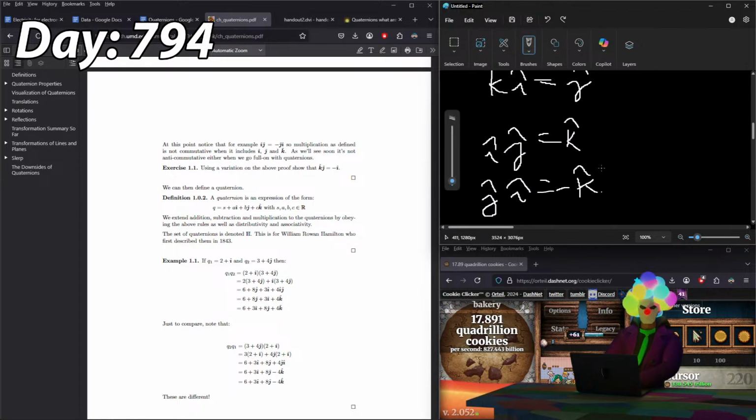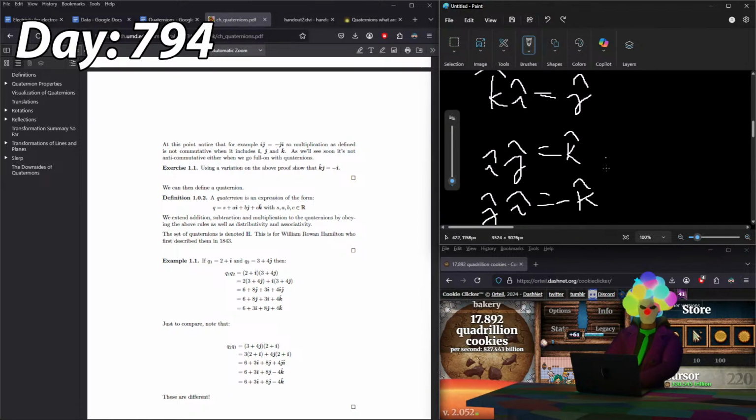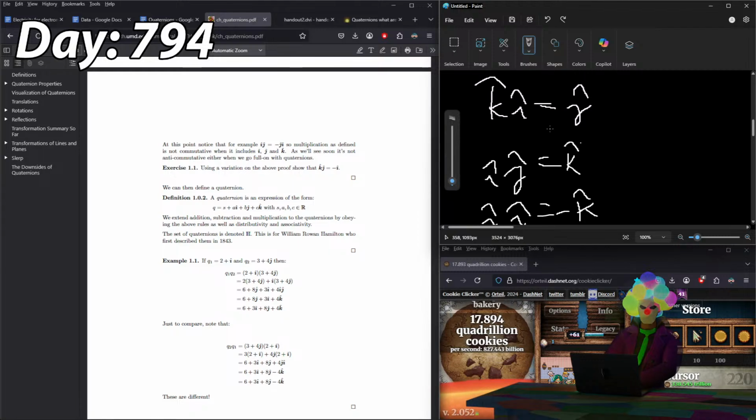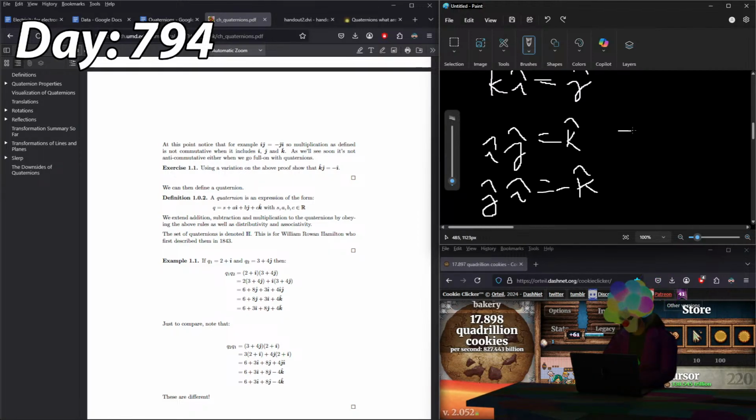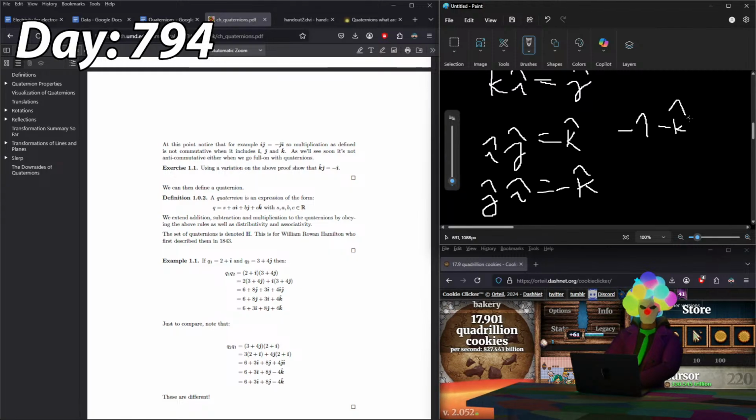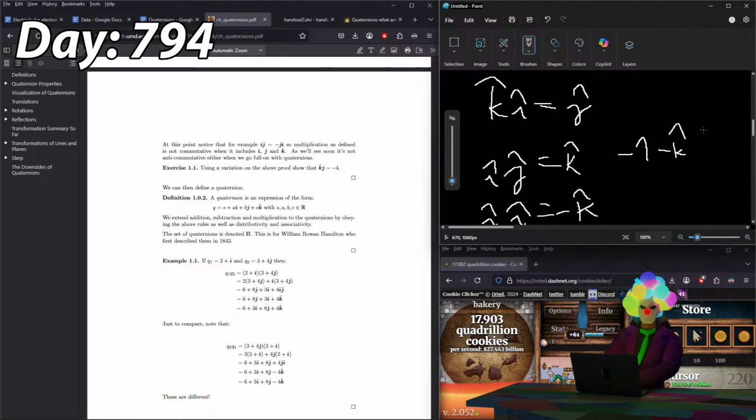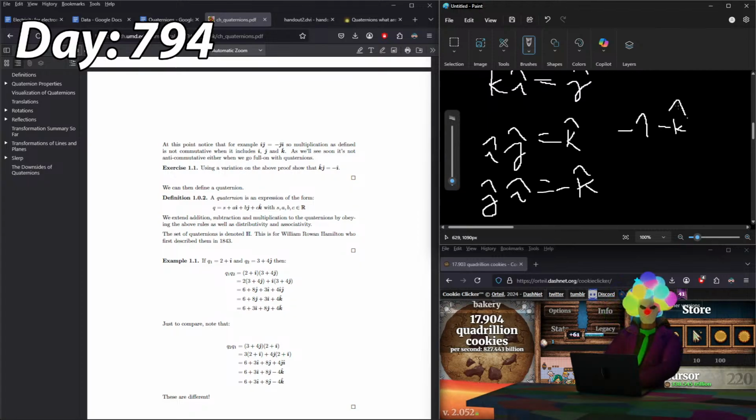Right. Negative k, therefore ji. Right here we would have -1, negative k. This is so annoying when you have to be careful which way you multiply. But I think I can say that. Jeez, what can I say?